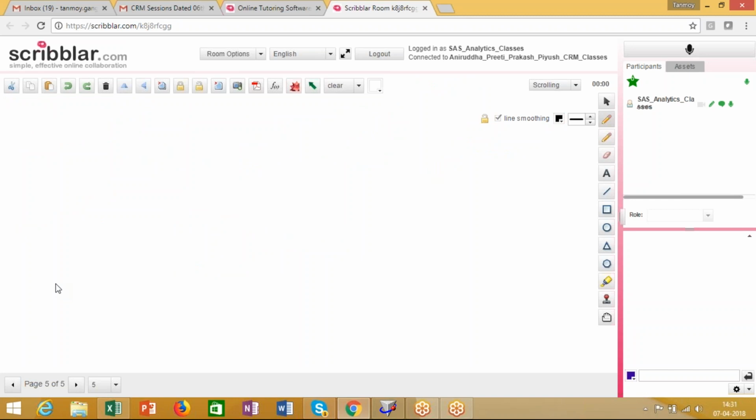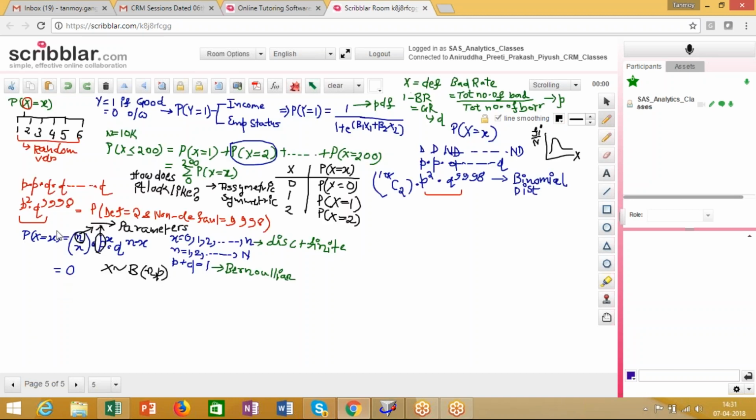And from there, we started talking about the different kinds of distributions that come up. Now, while I talk about the distributions, what I have been talking about is the probability distributions, like the binomial distribution.